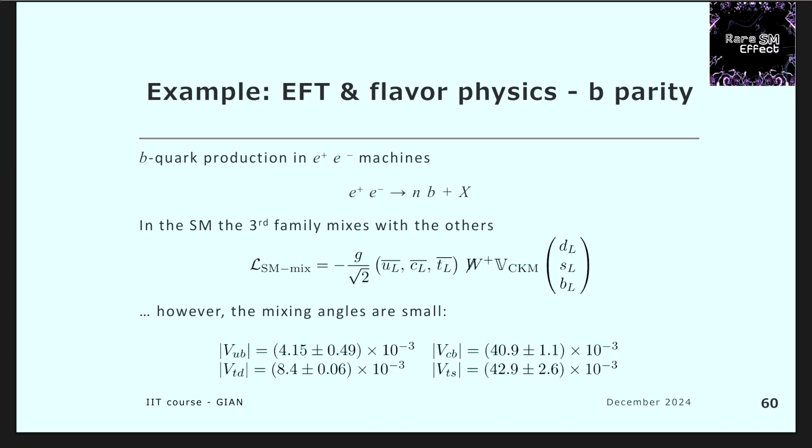I have to produce an equal number of b and b-bar quarks. Once you include the mixing, that's no longer true, because a b quark can oscillate into a c quark, and now you can have a b-bar c in the final state, for example. But the amplitude for that is very small. It's suppressed by a CKM angle, so it's small.